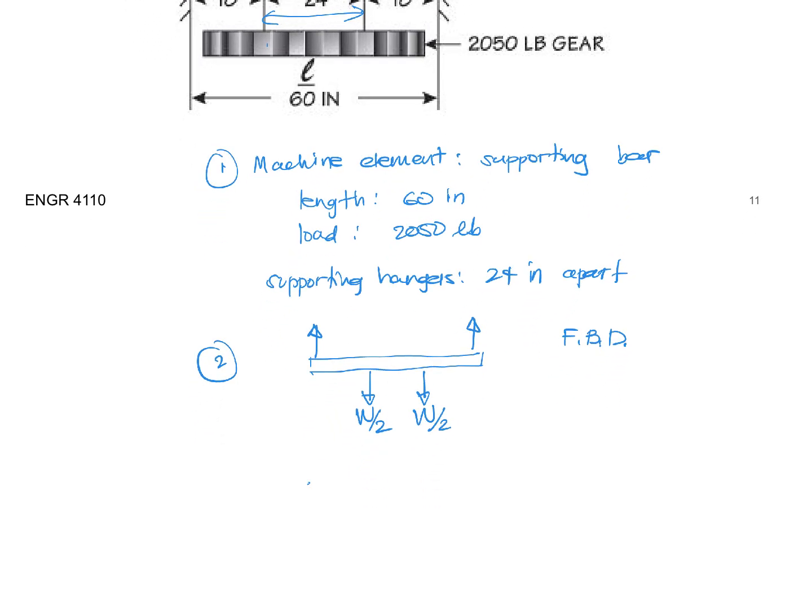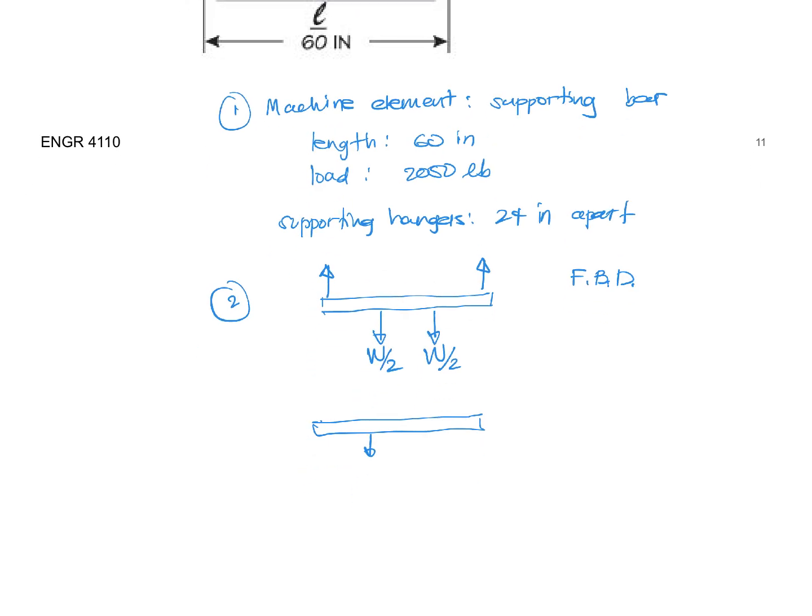So if we draw the bar again with the forces, we have 2,050, 1,025. You also have 1,025. This is a very straightforward problem.